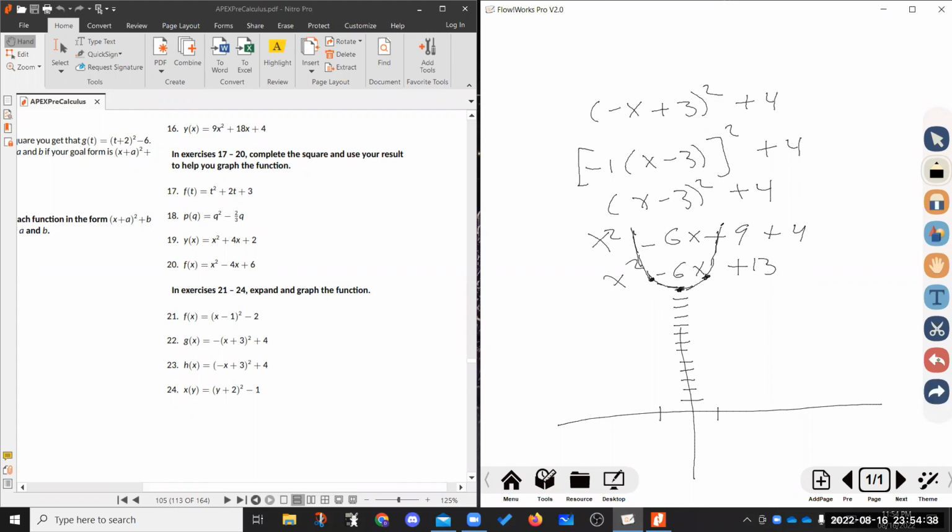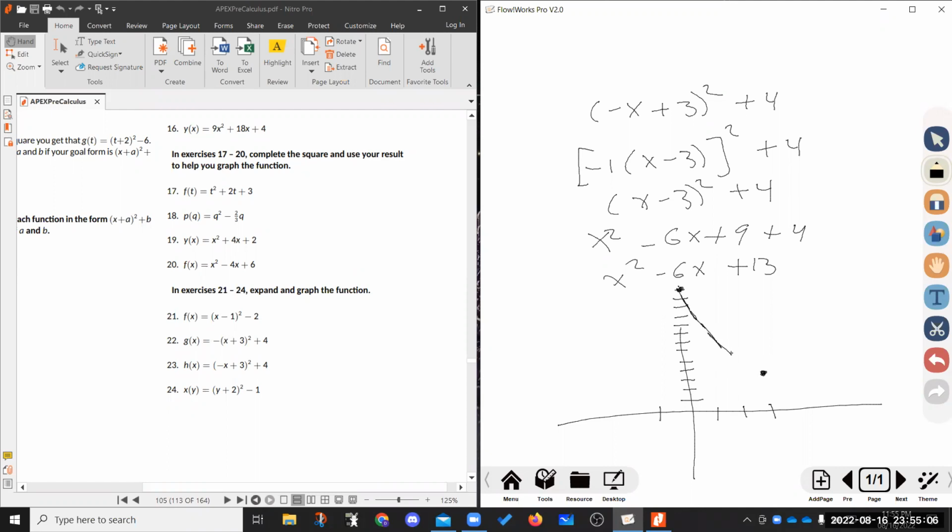Oops. That is not quite right. The vertex is at 3, 4. So 3, 4 there. There's my vertex. And it opens up.